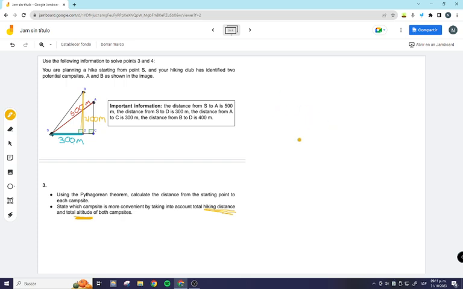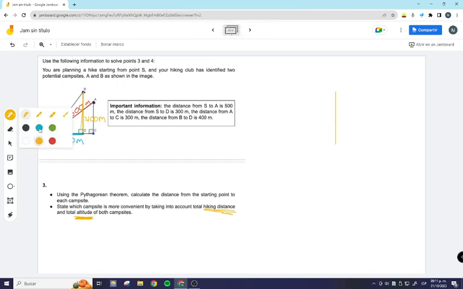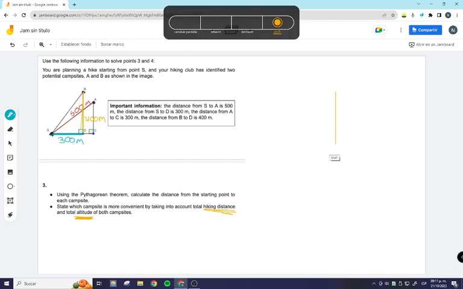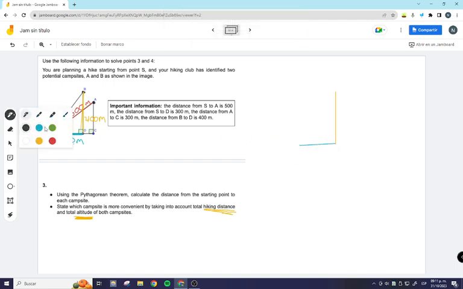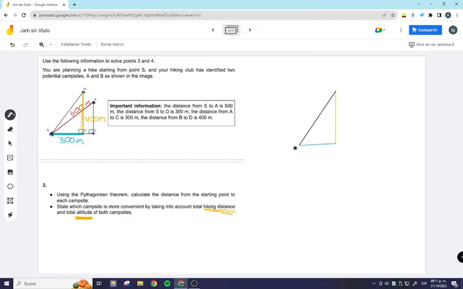I am going to redraw that triangle, S, B, D, here. I am going to use the same color so you don't get lost. So this is S, B, D. This is 300 meters.